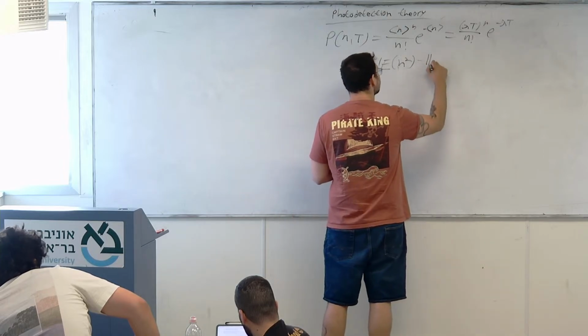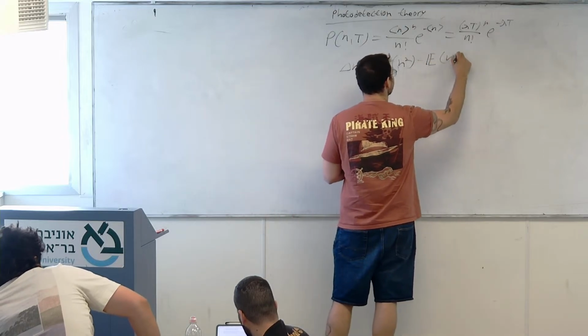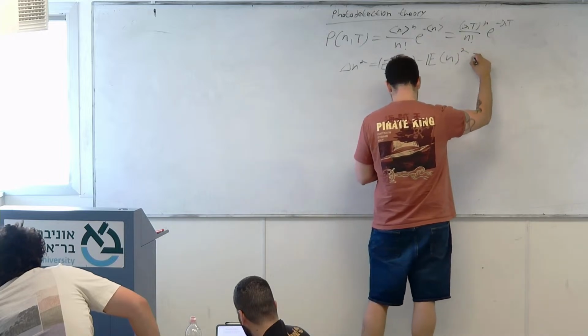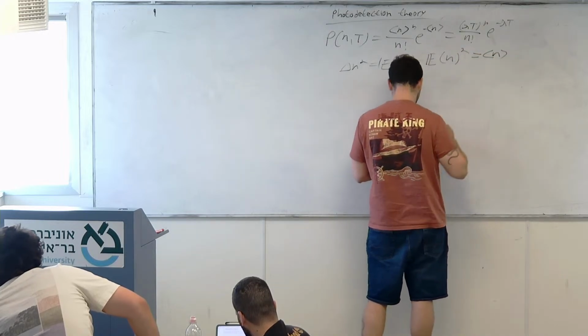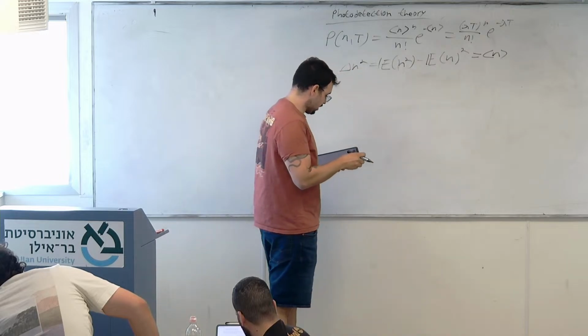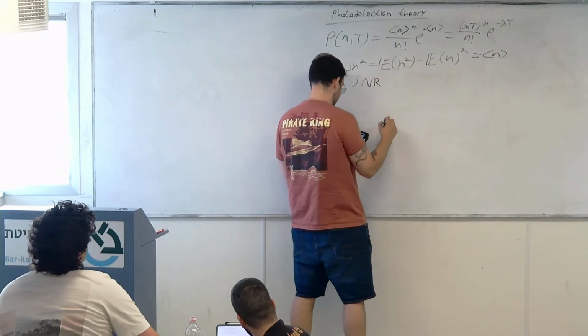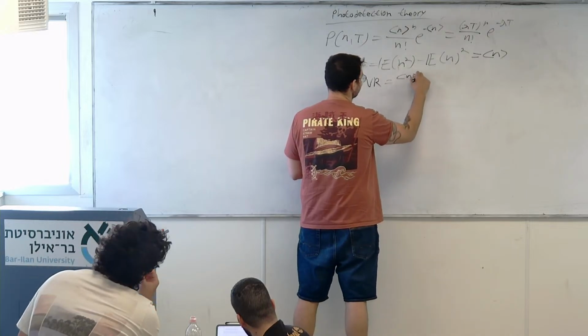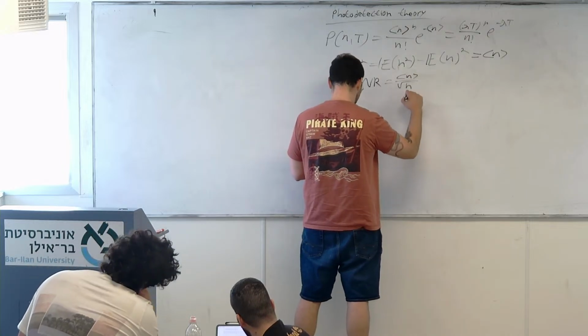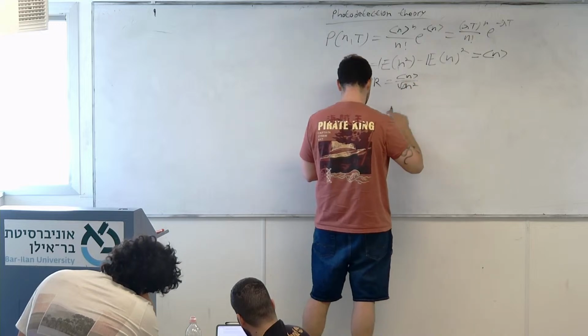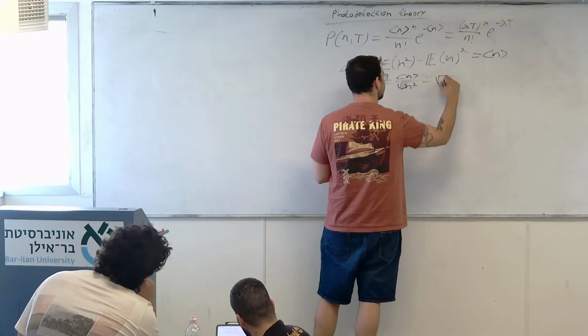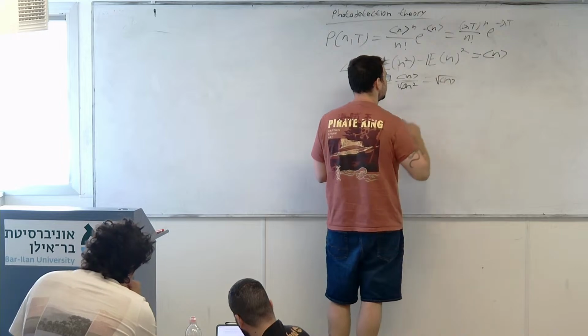Minus average n squared should be equal to average of n, and the signal to noise ratio is equal to average n over square root of delta n squared, which is equal to square root of n.